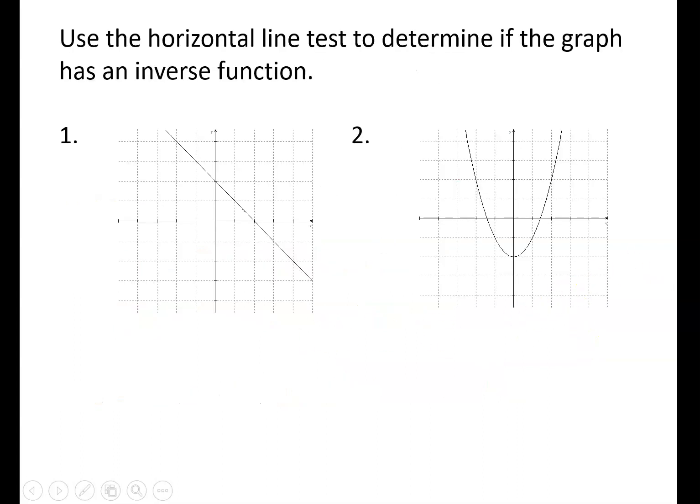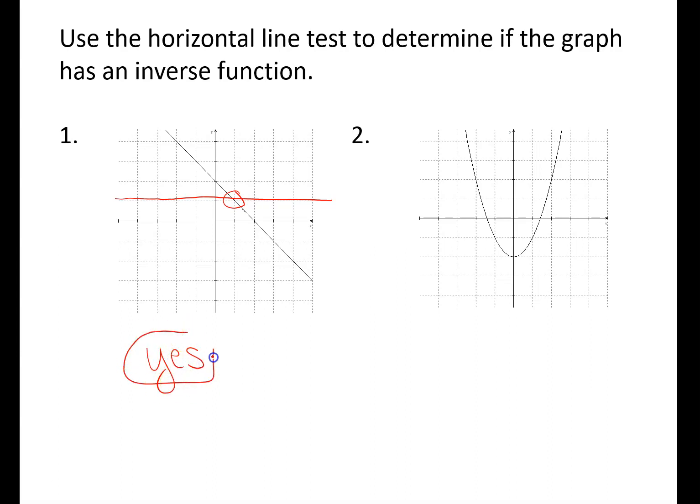It says, use the horizontal line test to determine if the graph has an inverse function. So on number 1, we just have the graph of a line. We are going to draw a horizontal line through the graph and see how many times it intersects. And so we see here there's only one intersection. Exactly one intersection means yes.